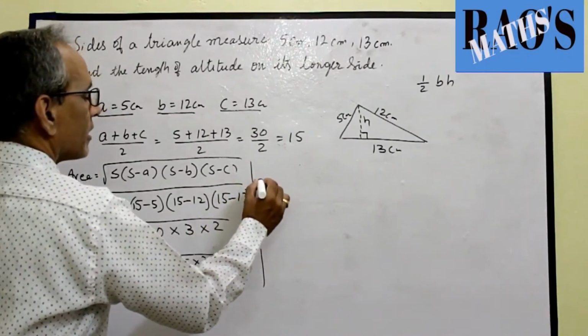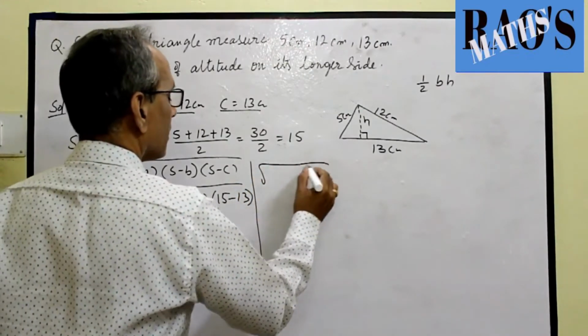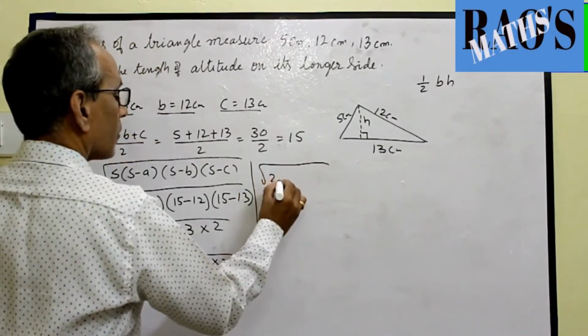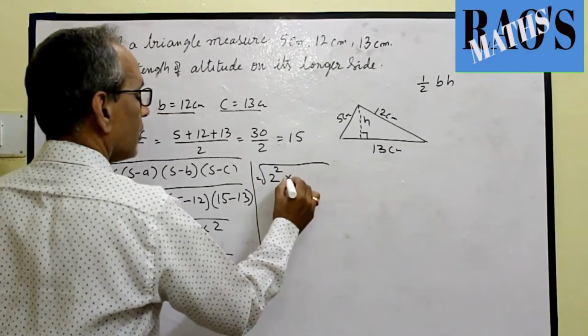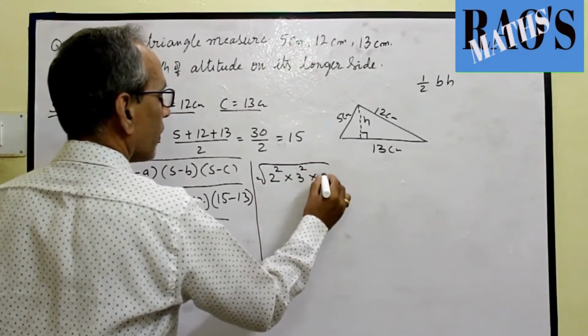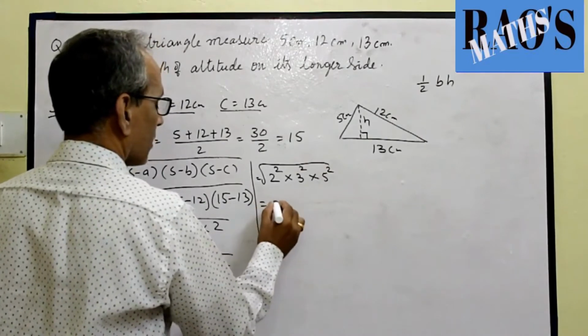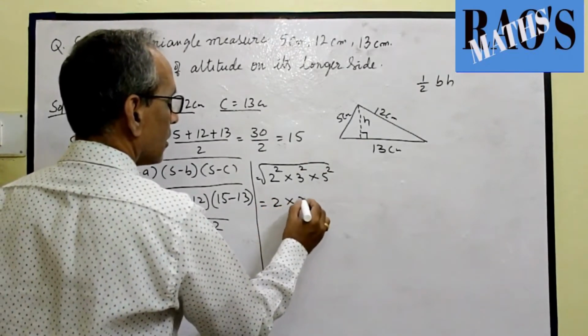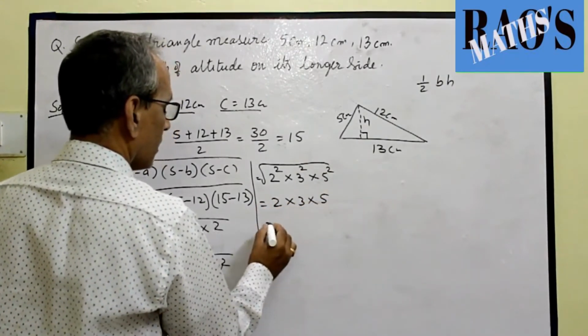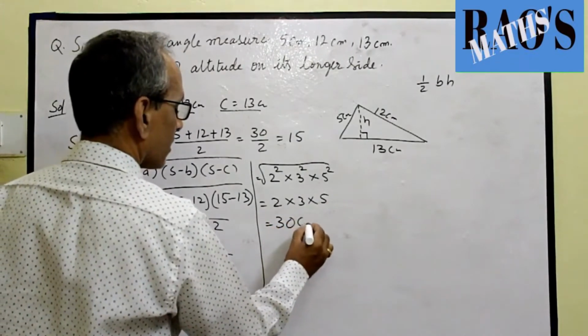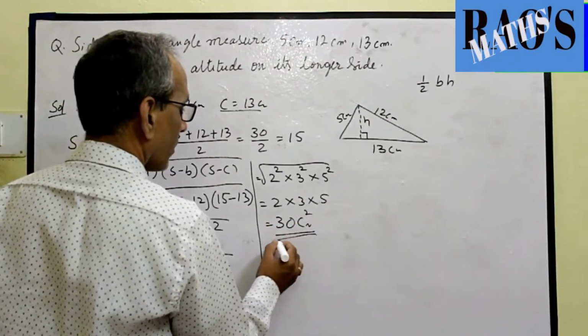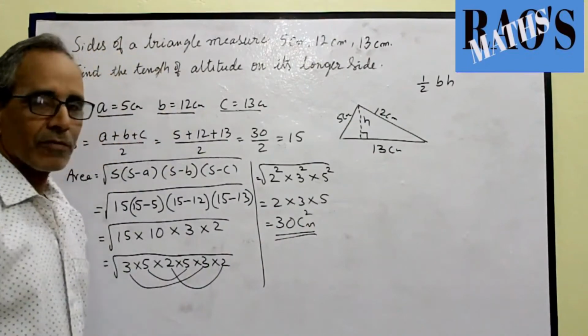So I write in the next step 2 square into 3 square into 5 square, whereas the answer is 2 into 3 into 5, that is 30 centimeter square. Okay, we got the area of the triangle in centimeter square.